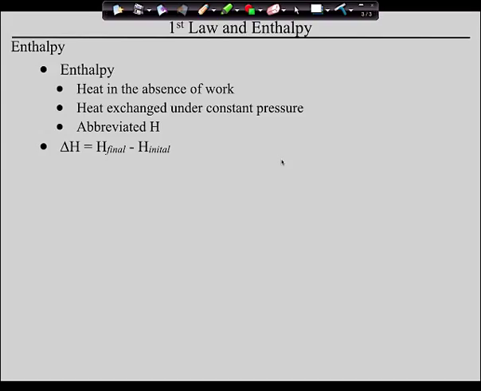Heat is Q. This is change in enthalpy. That makes it even worse, doesn't it? Don't ask why. Ours is not to question. Where's that from? Is that biblical? It's either that or Shakespeare. I don't know.